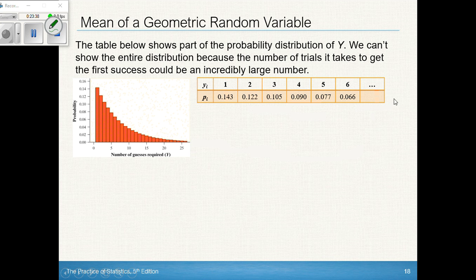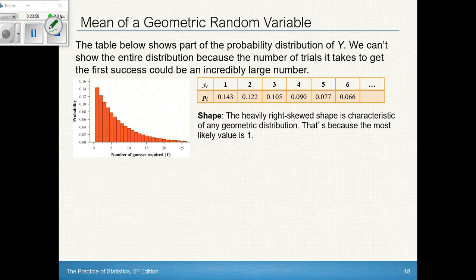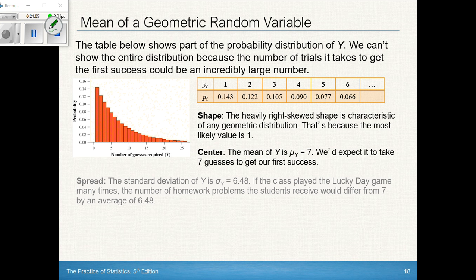We know that they would all add up to 1, but that top row will actually go to infinity, because theoretically it could take infinity minus 1 wrong guesses before I finally got to the right guess. It's heavily right skewed. The mean is 7, which is actually 1 over the probability, 1 over 1/7, because on average, it would take 7 guesses to get it right.